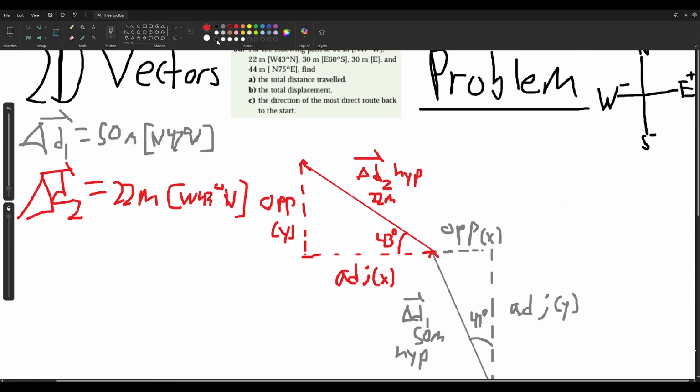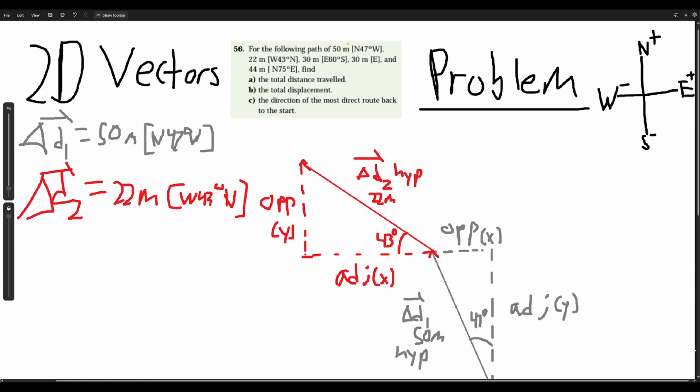Now our third displacement, so we did this one, did this one. Our third displacement is 30 meters east, 60 degrees south. So what does that mean?